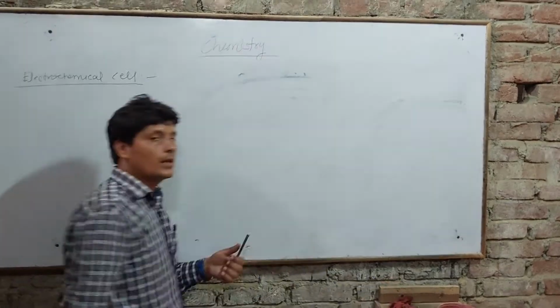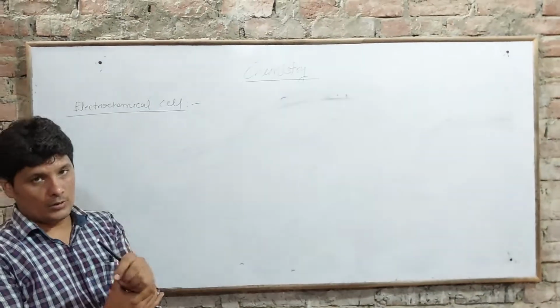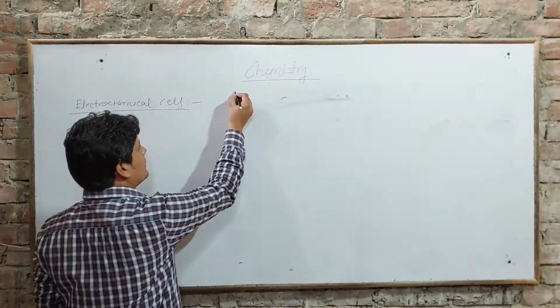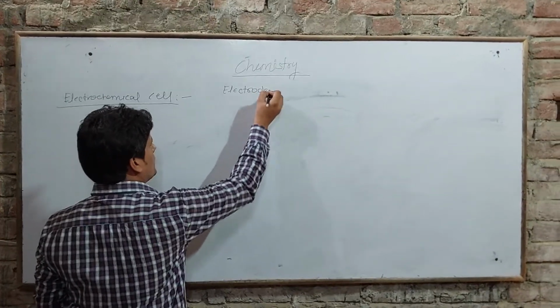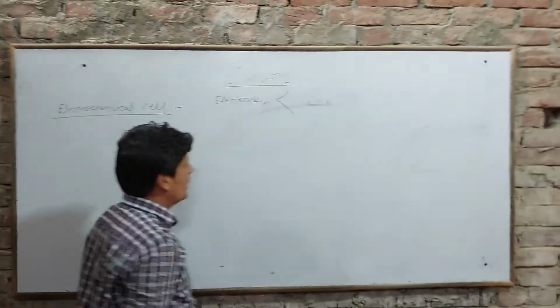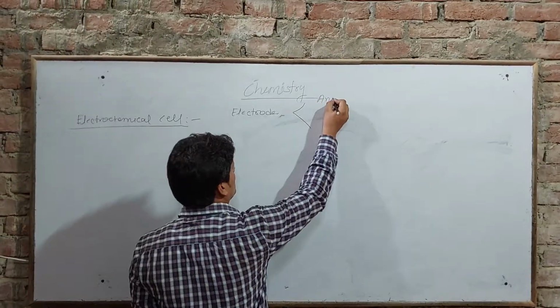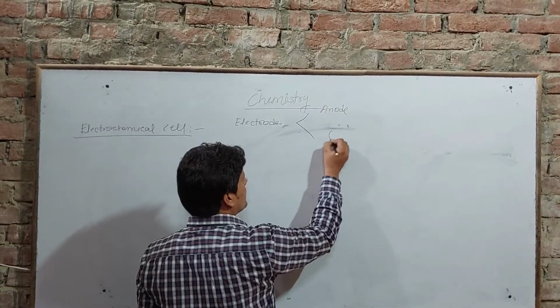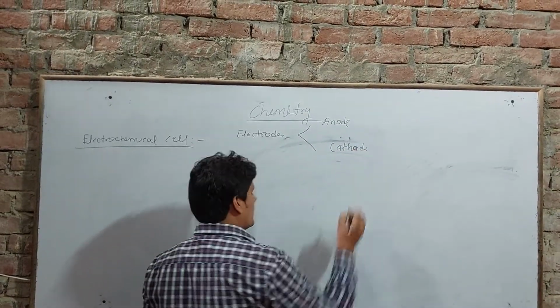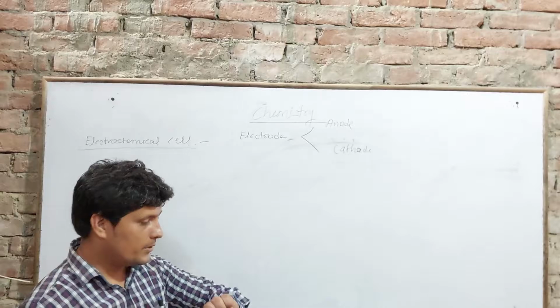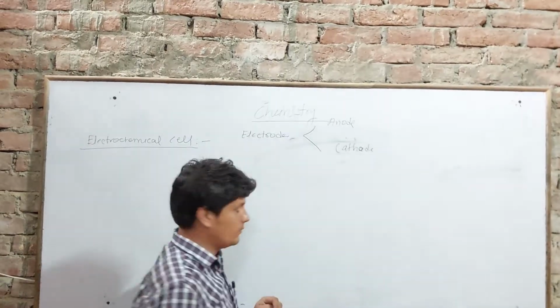In an electrochemical cell, there are two electrodes. First is anode, and second one is cathode. Here we are taking the example of zinc and copper as anode and cathode.